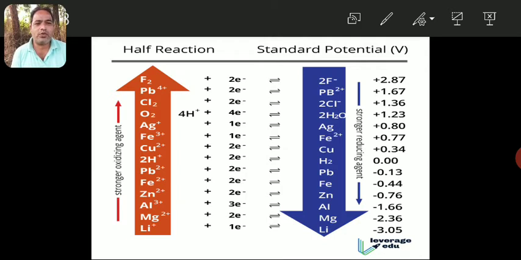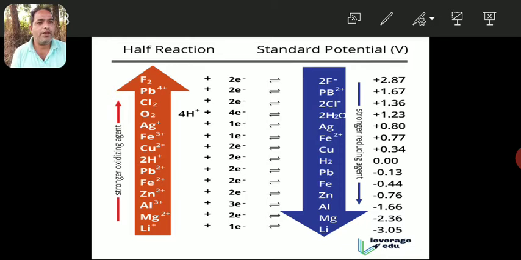I told you this because we require it in this lecture, to see how the value of an oxidizing agent goes on decreasing or increasing. So just observe the values on the right hand side, that is standard potential in volt. These are given in volt: plus 2.87 volt, then below that plus 1.67 volt, then plus 1.36 volt.